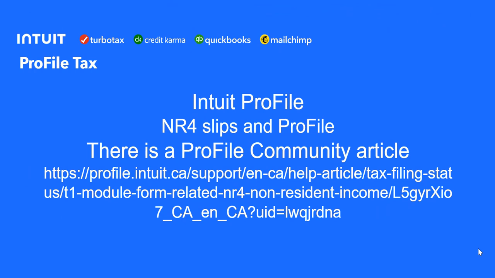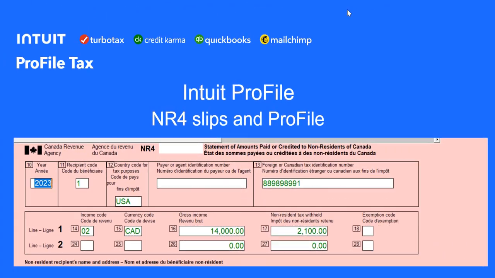ProFile has an article, community, that's the link. It shows an example, but let me demonstrate a different example, and we'll go to ProFile. I've got a demonstration NR4 slip here.